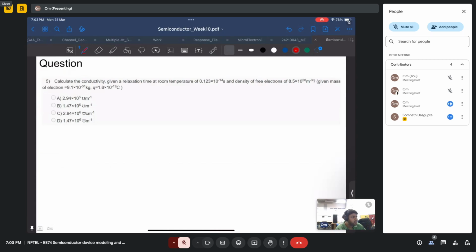Calculate the conductivity given a relaxation time at room temperature of this. So we have tau n is 0.123 into 10 to the power minus 14 seconds. Density of free electrons n equals 8.5 into 10 to the power 28 per meter cube.